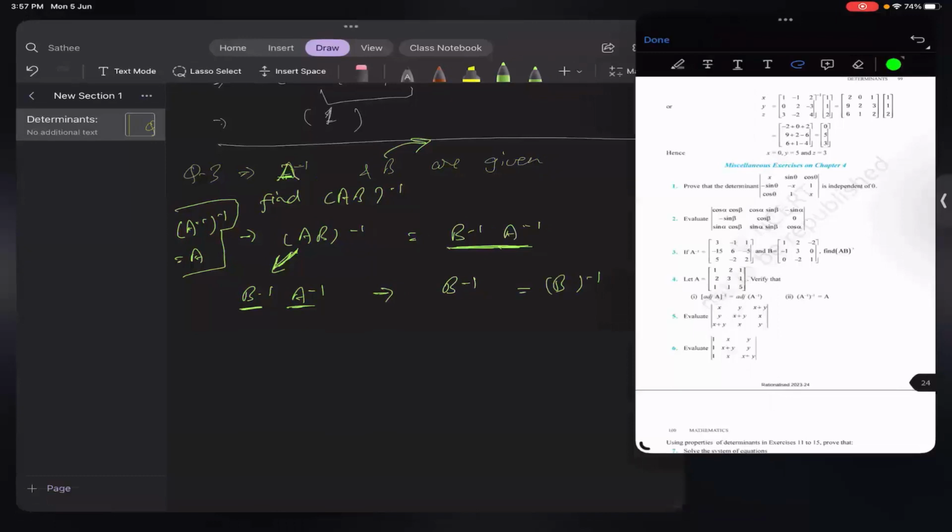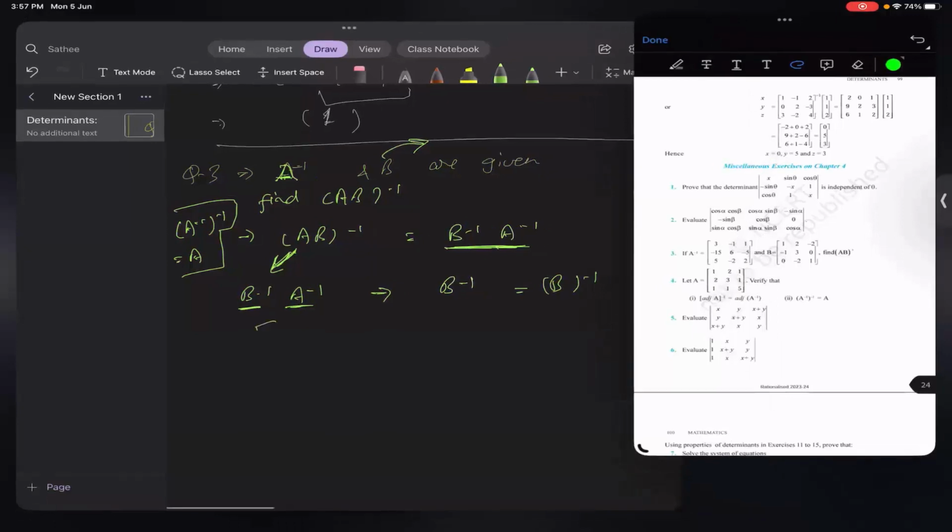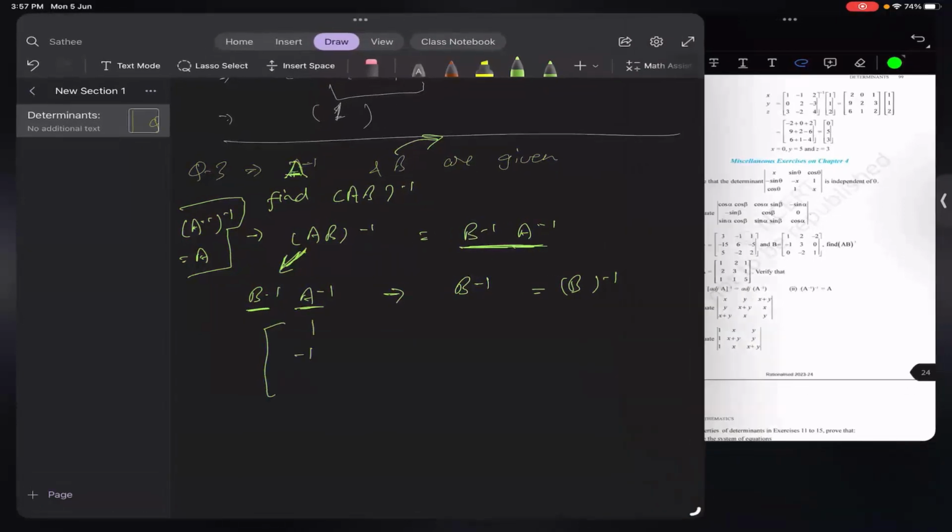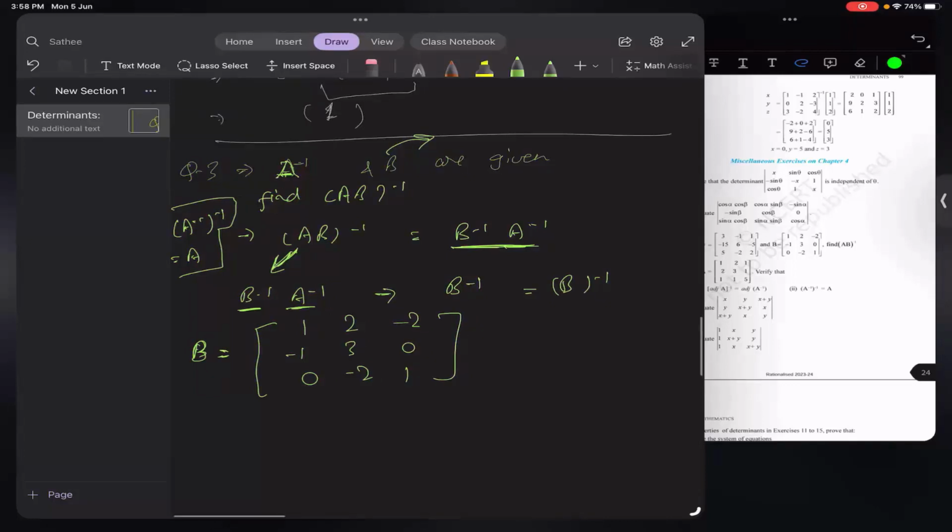So we quickly find it. The matrix should be 1, minus 1, 0, and this row should be 2, 3, minus 2, and this should be minus 2, 0, 1. This is our B matrix, and if we quickly find the determinant, it would be 1 into 3, minus 2 of this should be minus 1, and this should be minus 2 of this should be 2 minus 0.